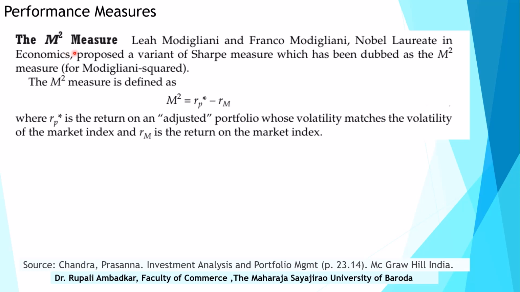Today we are going to learn about the M-square measure. This measure is proposed by Leah Modigliani and Franco Modigliani, and it is a variant of Sharpe's measure which we have learned earlier.